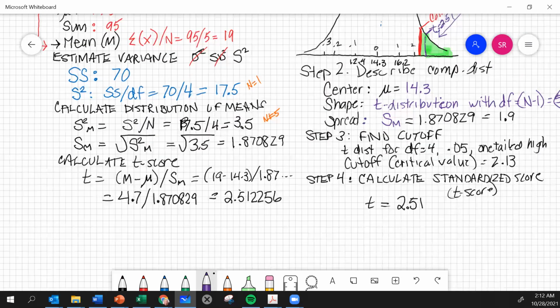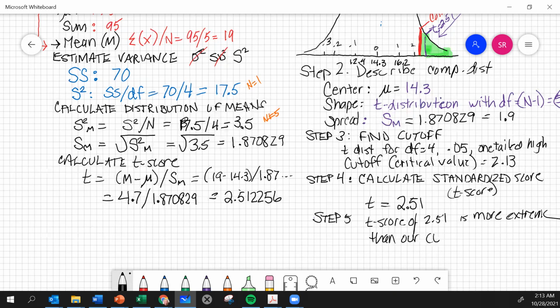Our final step is we make our decision. We can see here that our t-score is more extreme. Our t-score of 2.51 is more extreme or further into the tail than our cutoff point, so we reject our null hypothesis.